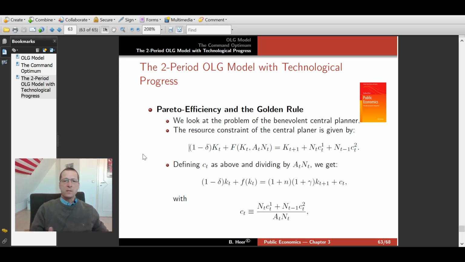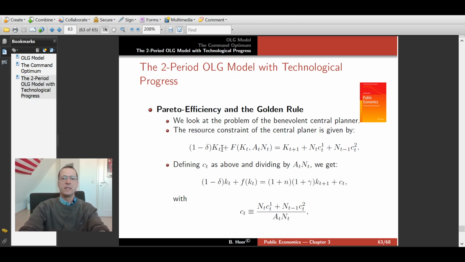So at the end of the period T, what's left to distribute, what's left to allocate for the central planner? He started the production with capital KT at the beginning of period T, but at the end of the period, only 1 minus delta times KT is left from this capital stock for the allocation on consumption and investment.